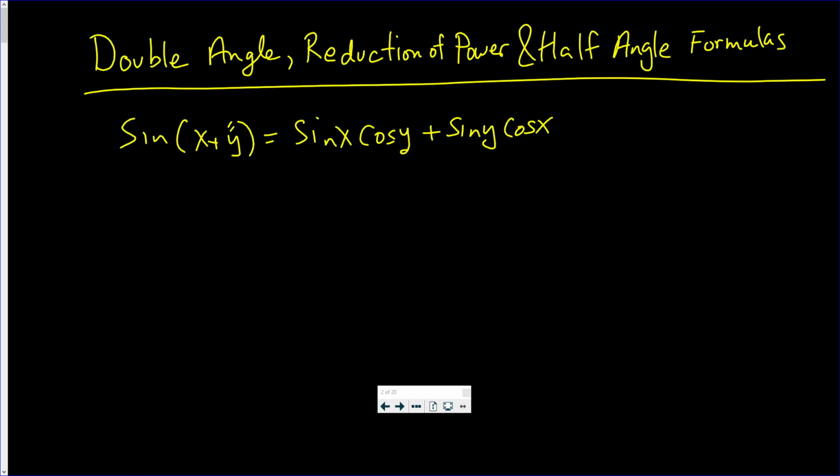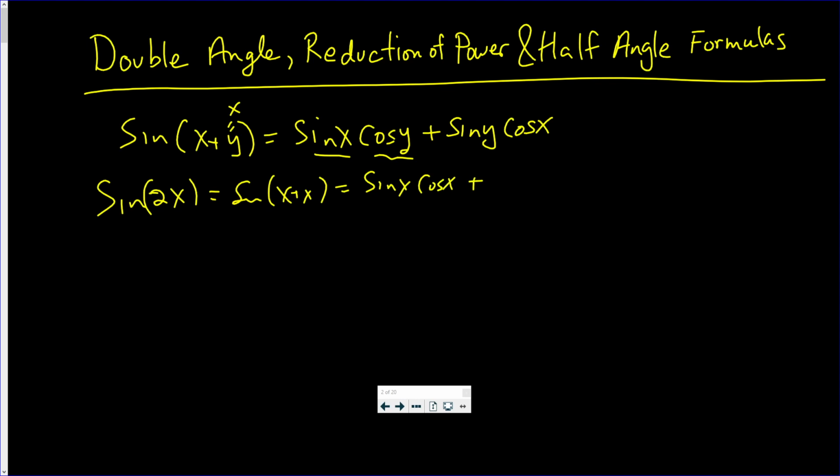Now, if I let y be x, so I have the sine of x plus x, which is the sine of 2x. So I get sine x times cosine x, because y is x, plus sine x, because y is x, times cosine x. Look at this.